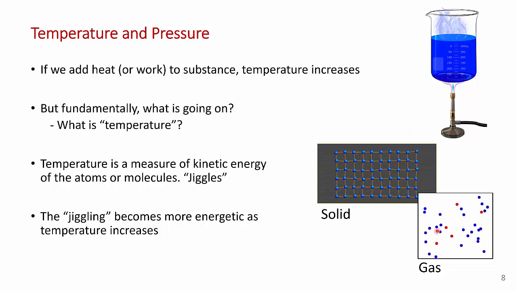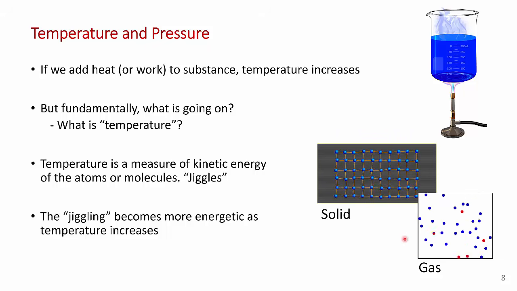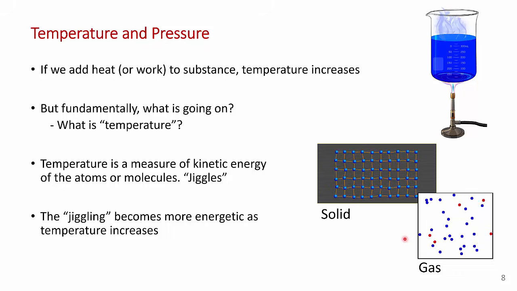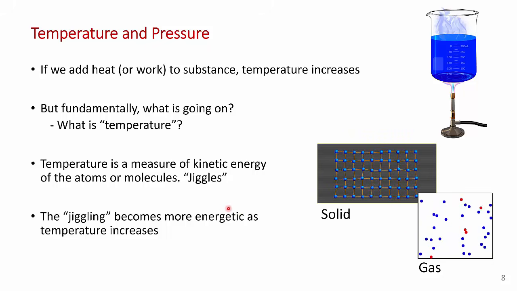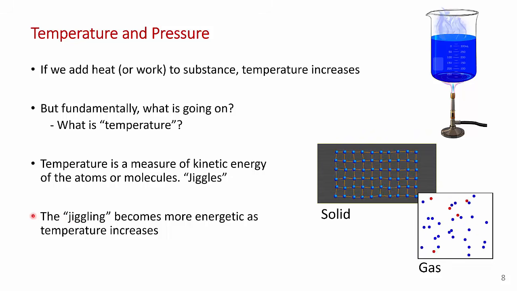They can expand to fill their container. And if you heat up this gas, the atoms or molecules in the gas will bounce around more vigorously. Of course, it's not just translational kinetic energy, it's vibrational and rotational. You may remember that from chemistry, but we'll call that just in general jiggles. So the jiggling becomes more energetic as the temperature increases, and that's really what temperature is.